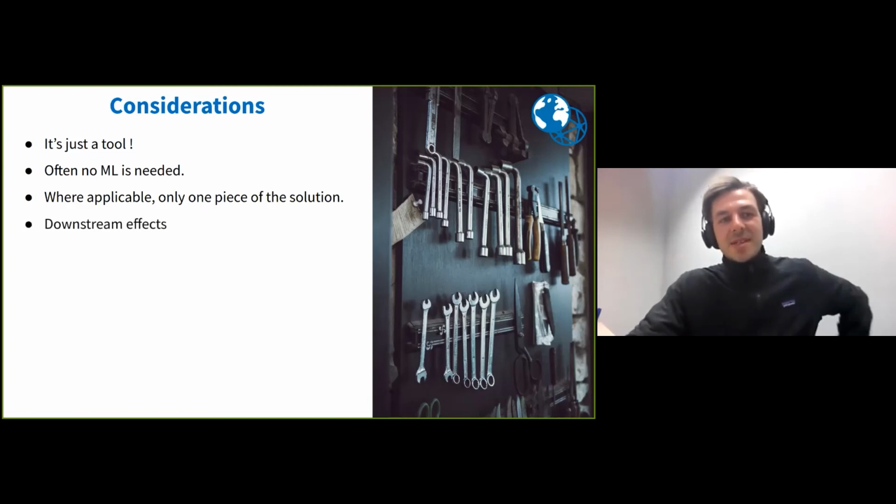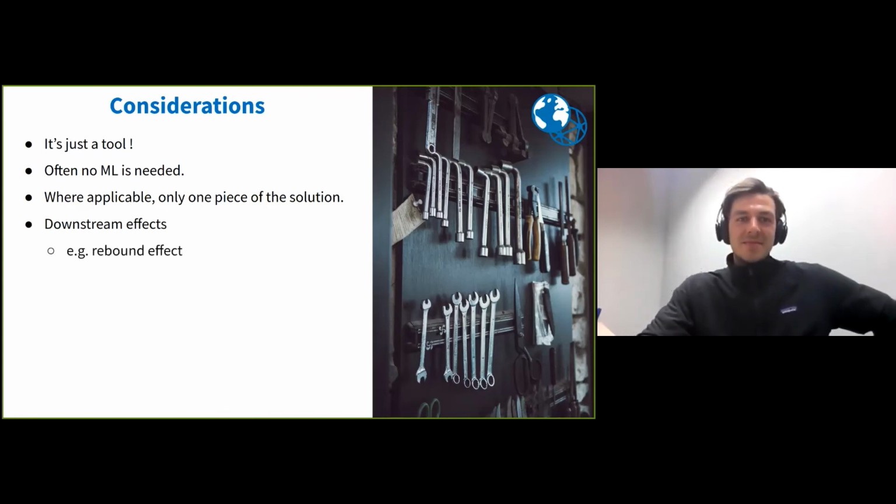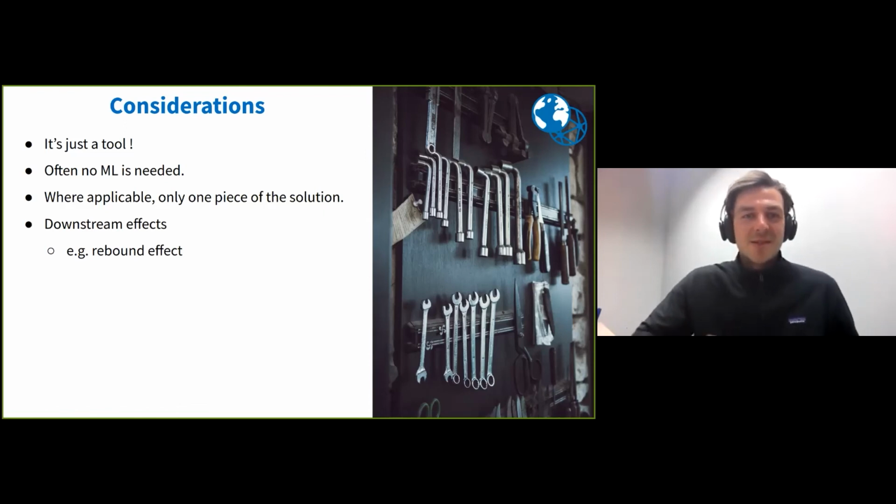We also have to consider downstream effects. So for example, a rebound effect. This means that if you make something more efficient, optimize it more, it might be used more afterwards. So for example, if a car uses less fuel, it is, first of all, good for the climate, right? Because it uses less fuel.